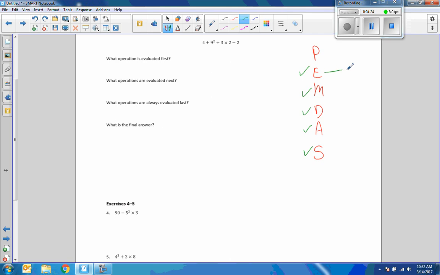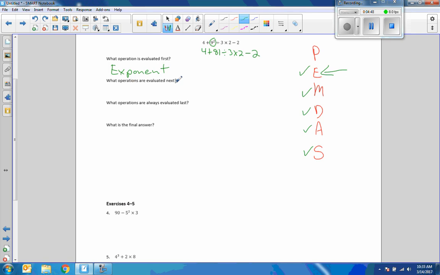So we are going to focus on the exponent first. So I'm going to write 4 plus 9 squared is 81 divided by 3 times 2 minus 2. All I did was this. Everything else stayed the same. What operation is evaluated first? The exponent.